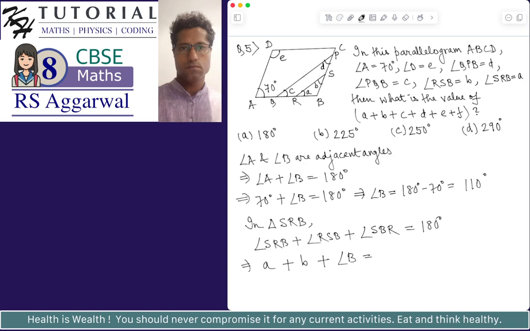This is equal to 180 degrees. Angle B we have found to be 110 degrees. So A plus B is equal to 180 degrees minus 110 degrees, which is equal to 70 degrees. So A plus B is equal to 70 degrees.